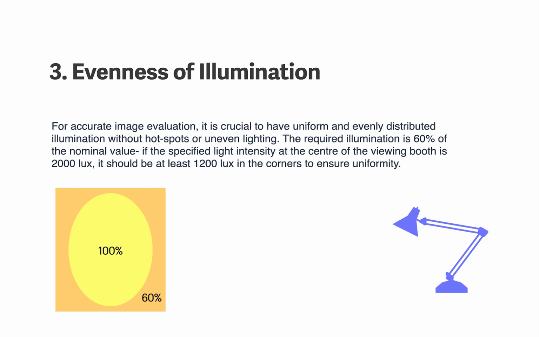So for instance, in the case of print evaluation, the required illumination is 60% of the nominal value, meaning that if the specified light intensity at the center of the viewing booth is 2000 lux, it should be at least 1200 lux in the corners to ensure uniformity.